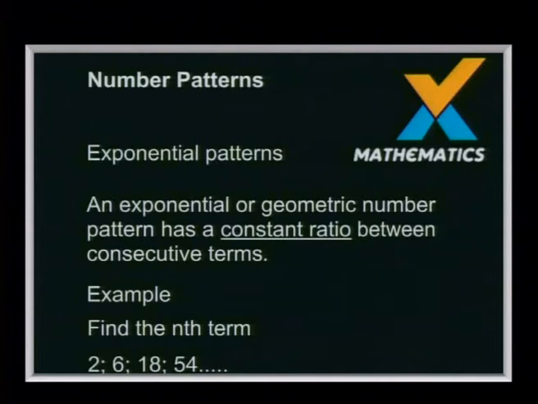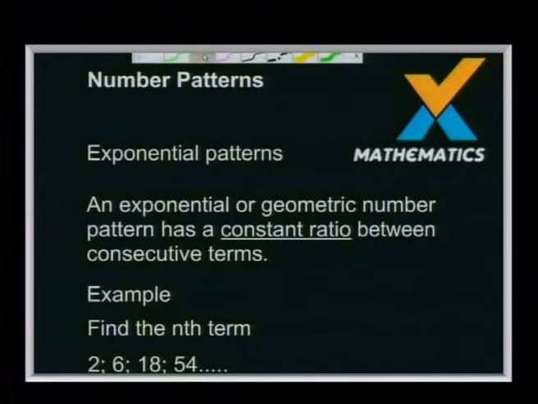Right, the next one is our exponential number pattern. Now, an exponential number pattern is also often called a geometric number pattern. And let's have a look at how a geometric number pattern is different from a linear number pattern, and they are quite significantly different. Have a look at this number series for me.